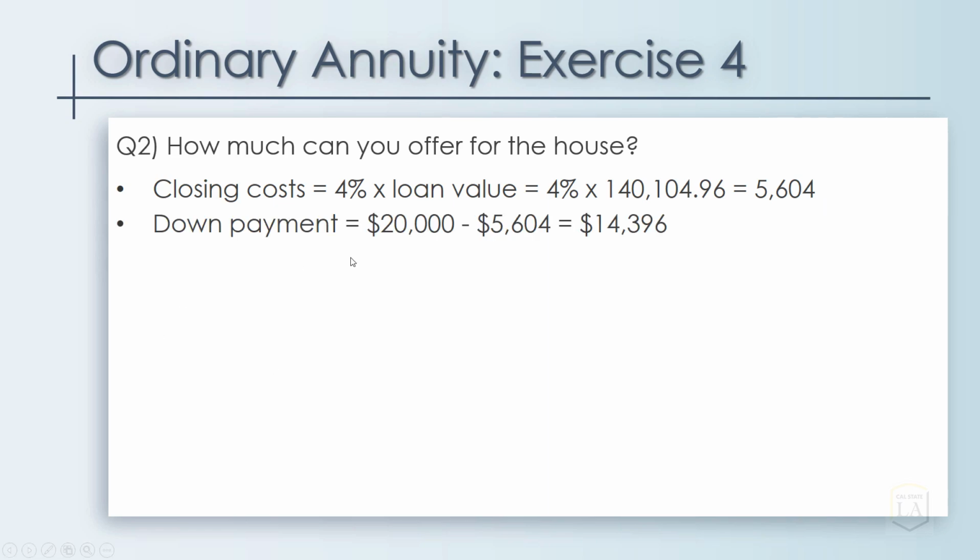And the down payment is like the remaining part of the money that you have right now. So 20,000 was the money that you had. Out of that, you're paying out 5,604 as closing costs. So the remaining would be 14,396. So that can be paid towards your house.